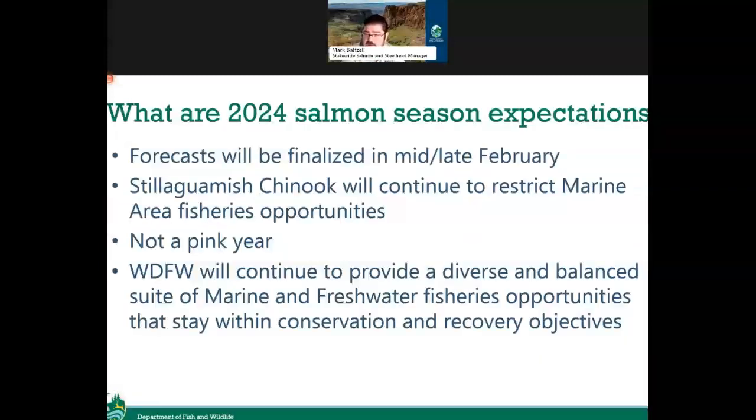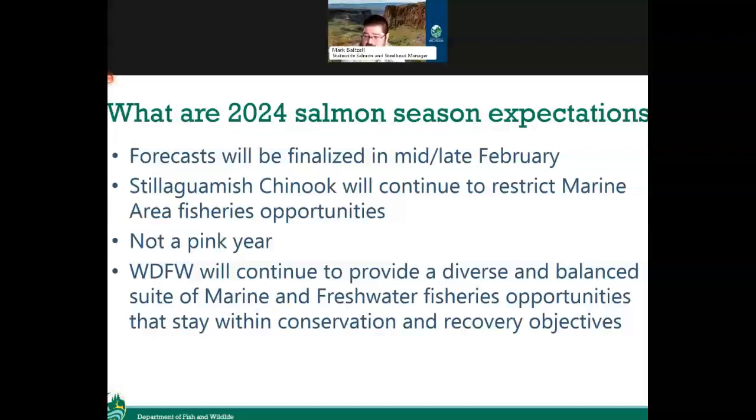For folks who are new to the process and thinking ahead, it's really hard for us to say we know what to expect until we get the forecasts for the upcoming year. As has been mentioned previously, those are being worked on currently.